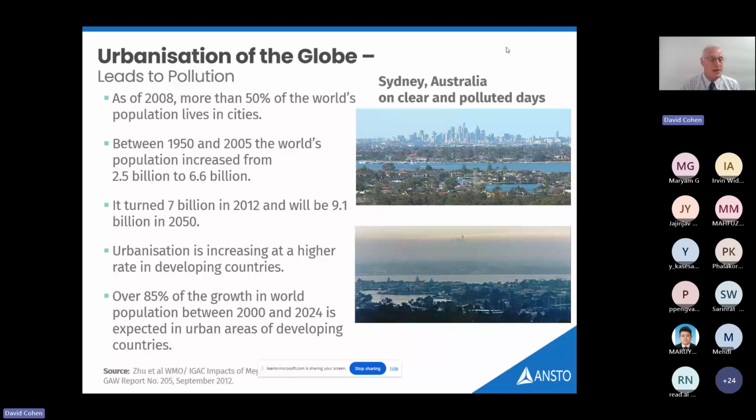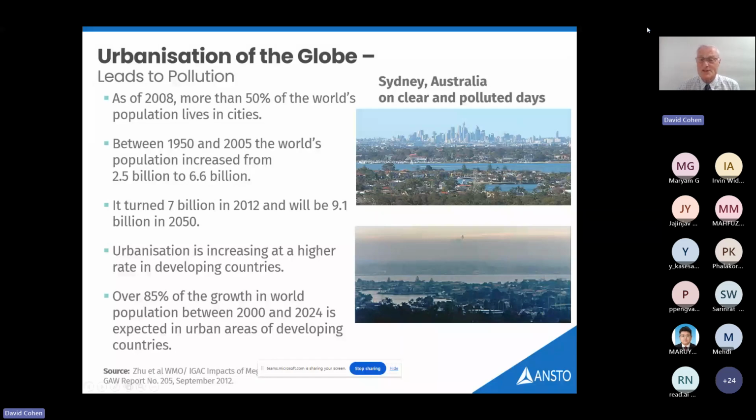The world population at the moment is about 7 billion, and we're expected to reach 9.1 billion by 2050. So the urbanization is increasing at a higher rate in developing countries, and particularly through Asia. And I note here at the bottom, over 85% of the growth in the world's population between 2000 and 2024 is expected in urban areas of developing countries.